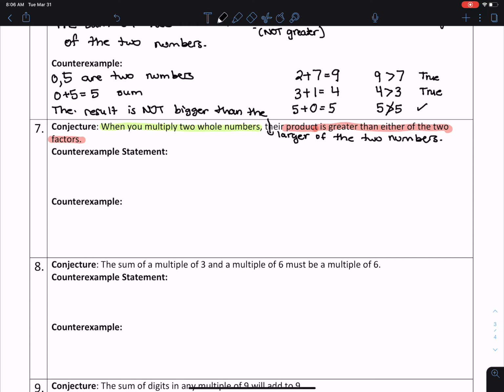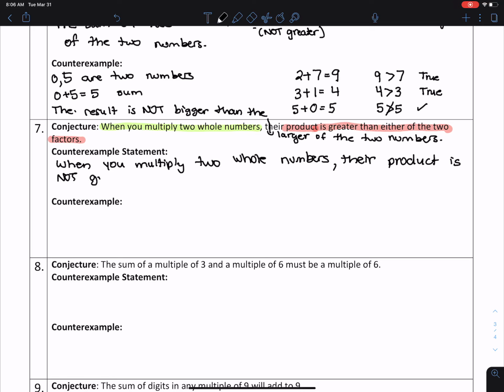So let's write our counterexample statement. When you multiply two whole numbers, their product, now here it says it has to be greater, so now I'm going to use the words is not greater than either of the two factors.